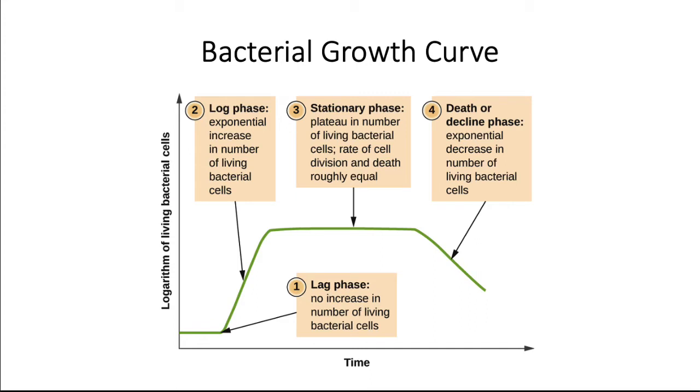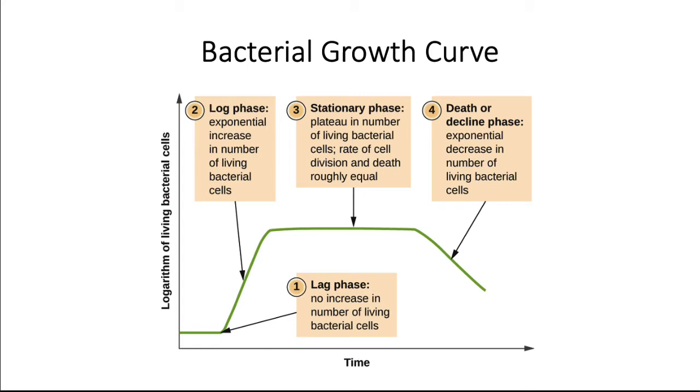In the lag phase, as you can see, there is no real increase in the number of living bacterial cells. We can say that the lag phase is when the bacteria are preparing to grow. Depending on the condition, this can be a very short phase or a longer one.